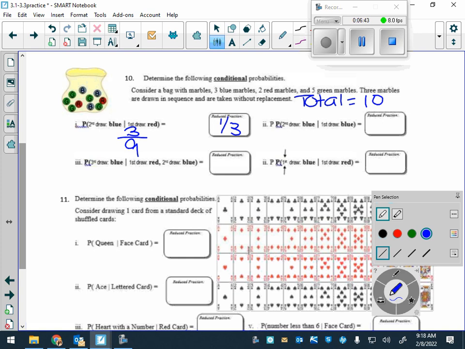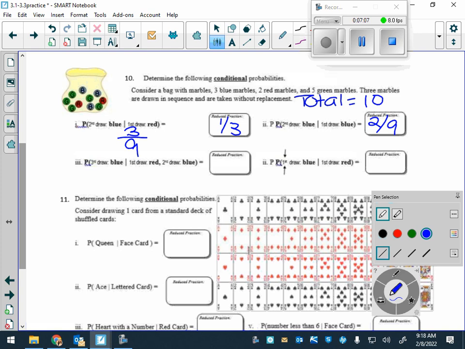Okay, so the notation sets it up for you. Okay, probability the second draw is blue, given the first draw was already blue. So if we already took a blue, we're down to 9. Then what, Nick? 2/9. Good. Okay. Then the third one.